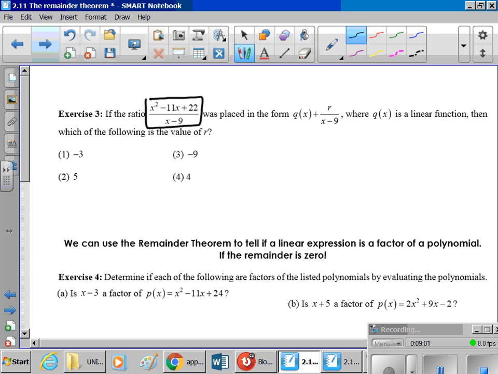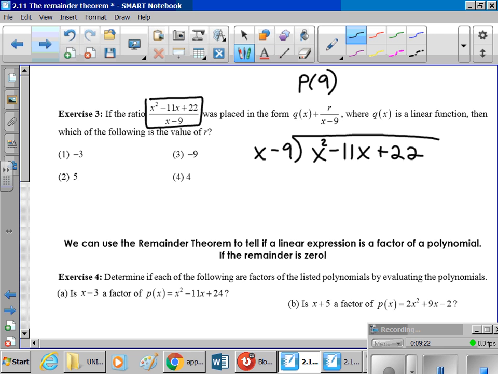You can either use the remainder theorem and evaluate p of positive 9, or you can actually do the math out and do x minus 9 into x squared minus 11x plus 22. Sometimes people are more comfortable doing it the long way, but remember, we get to the same place.